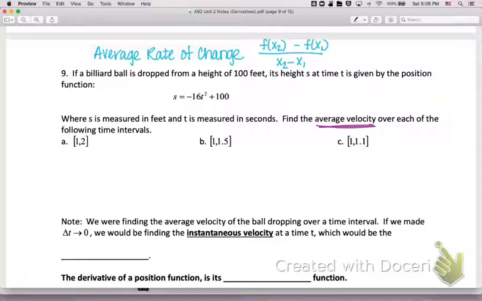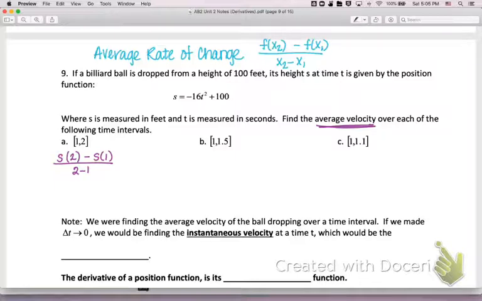For each of these, I'm just going to look at A and let you look at the rest. We need to find, well, this wouldn't be f, it would be s, our position function: s of 2 minus s of 1 over 2 minus 1.